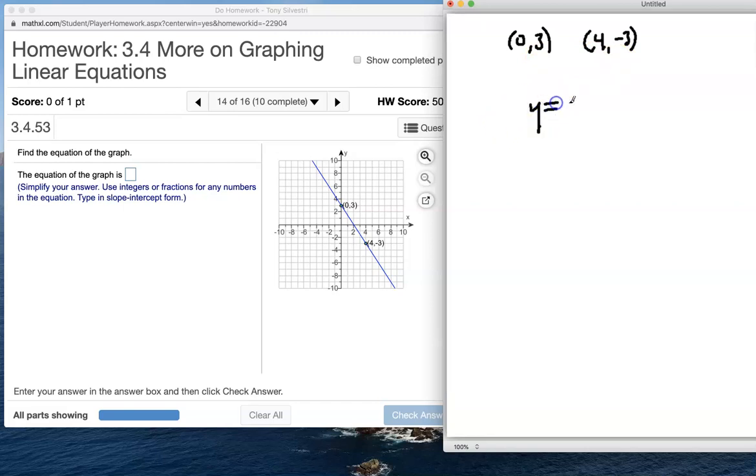Y equals mx plus b is the equation we start with, the slope-intercept form.